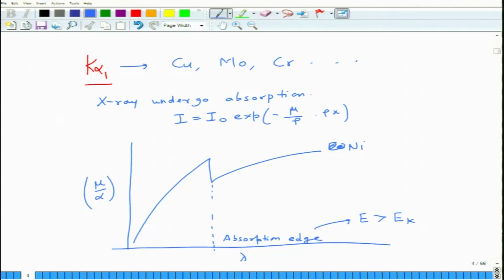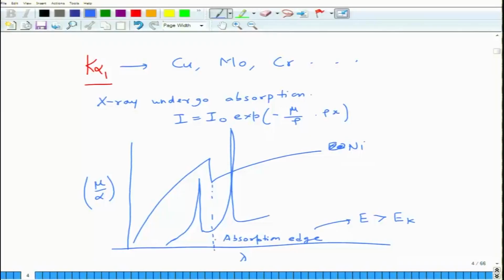For example, in case of copper, the K beta radiation is somewhere here, and K alpha is somewhere here. If you want to use K alpha predominantly, you let the X-rays pass through a nickel filter, because nickel has a K absorption edge.